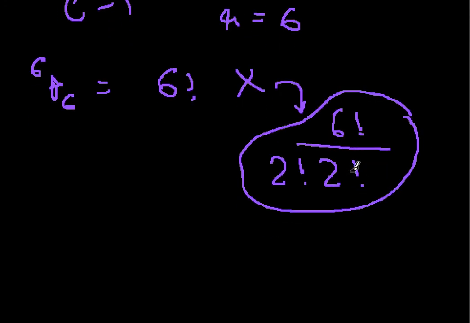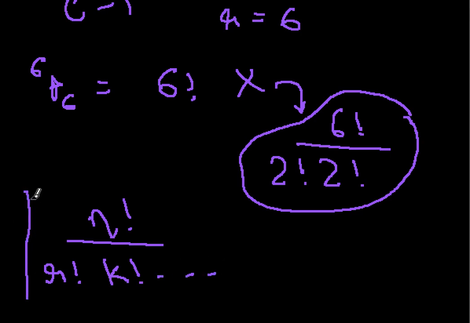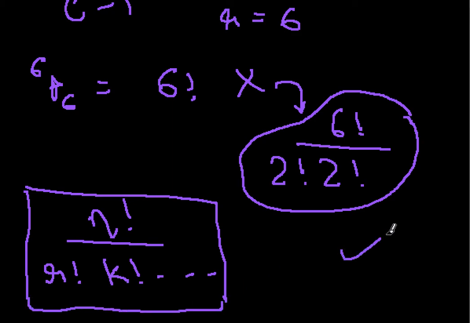You can just remember that if we have n characters, and r of them are alike to each other, and another k of them are alike to each other, then we use this general formula. It could be any number of alike factorials in the denominator. So this is the third type of permutation, which will be used in many cases.